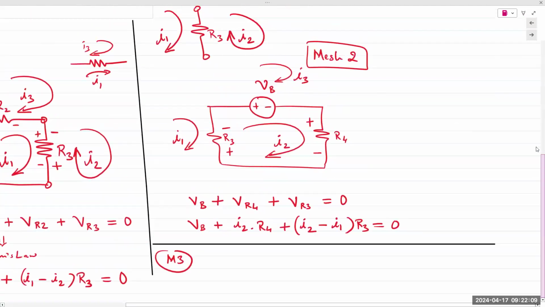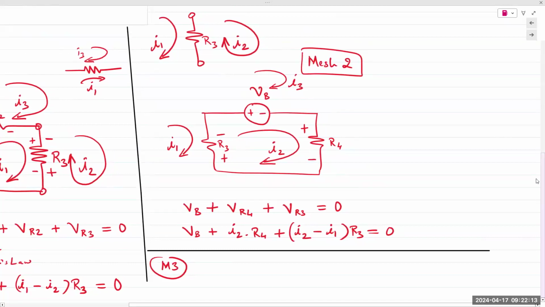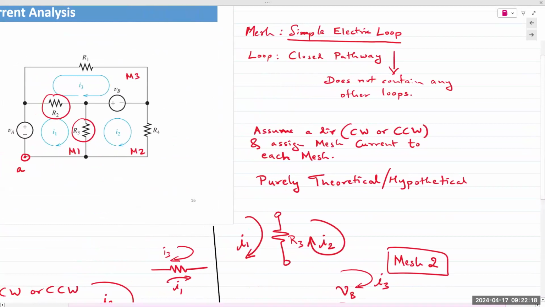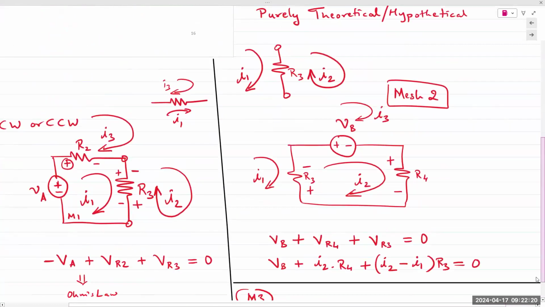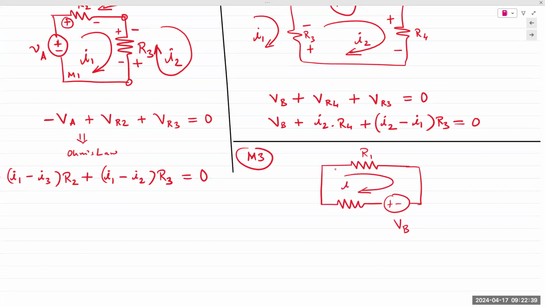M3, what do we have? One voltage source and two resistors, R1, R2, and VB. So we have R1, we have R2, and we have VB. We have I3 flowing in the clockwise direction.